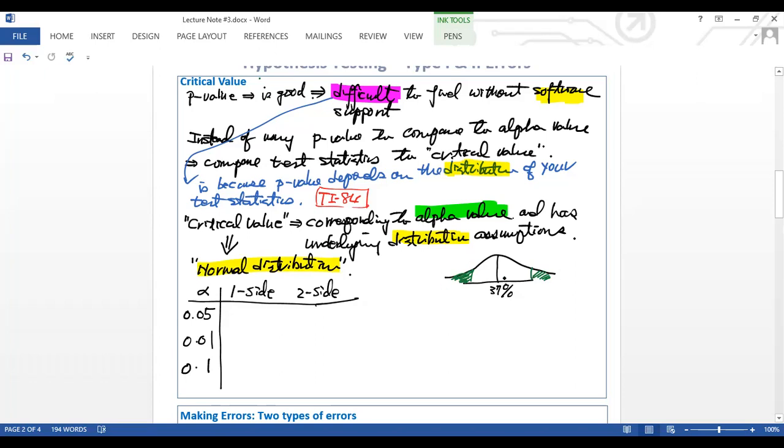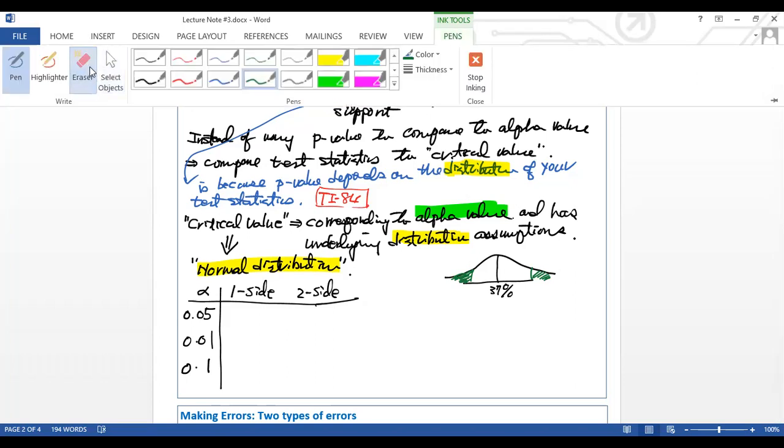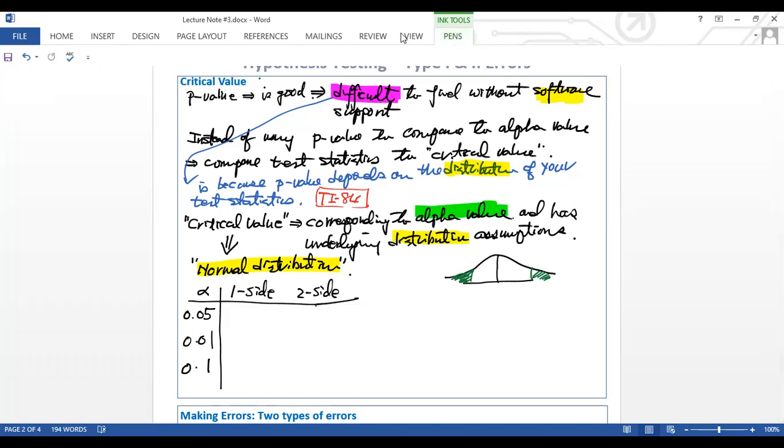Whatever you calculate as your test statistic here, we use the normal distribution. This one will be the zero, and this is what I call the critical values. For 0.05, each tail here is 0.025.